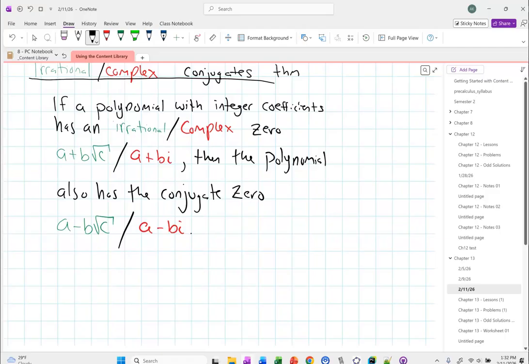Okay. So I want to talk about a problem type from that 1 through 15 that we haven't done an example of that I want to make sure that we look at.